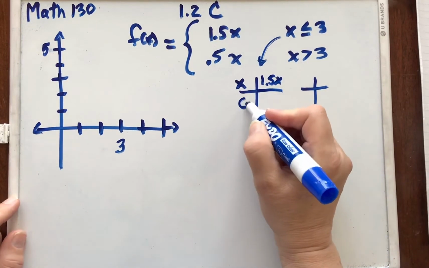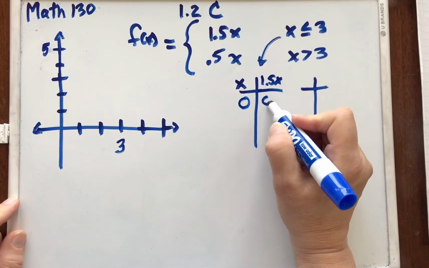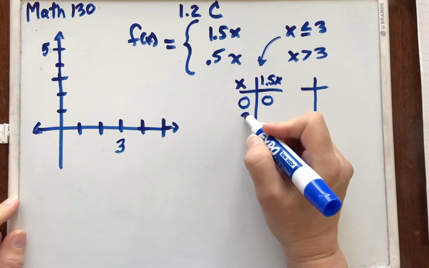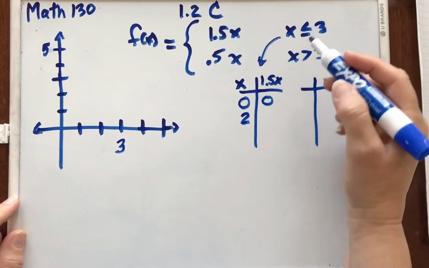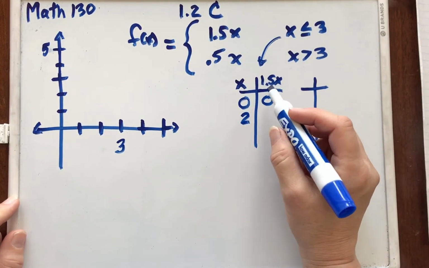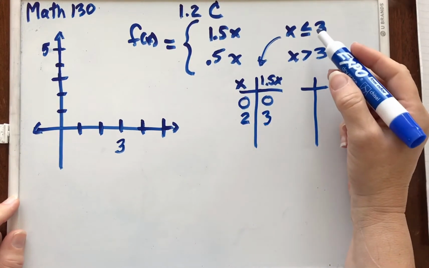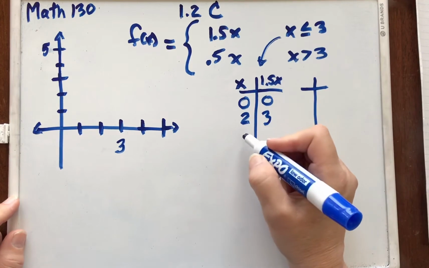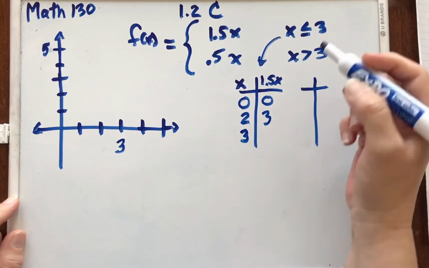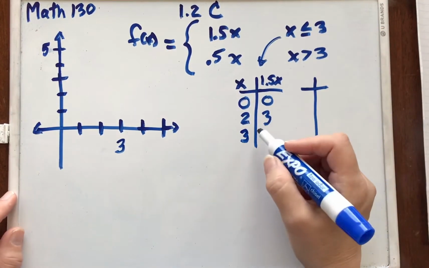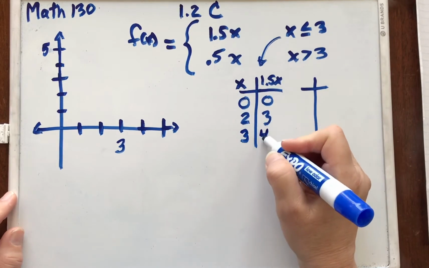How about 0? If we put a 0 in there, we get 0. Let's choose 2. That's less than or equal to 3. And putting 2 in there, 2 times 1.5 is going to be 3. And let's take another one. Well, how about 3? 3 is less than or equal to 3. So we put a 3 in there and we get 4.5.